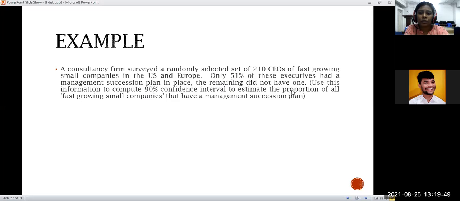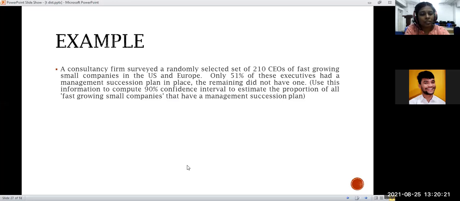So you have to use 90% confidence interval to estimate the proportion of all fast-growing small companies that have the management succession plan. So you need to identify what is the range of proportion between which, with 90% confidence interval, you're sure that these fast growing small companies have the management succession plan in place.